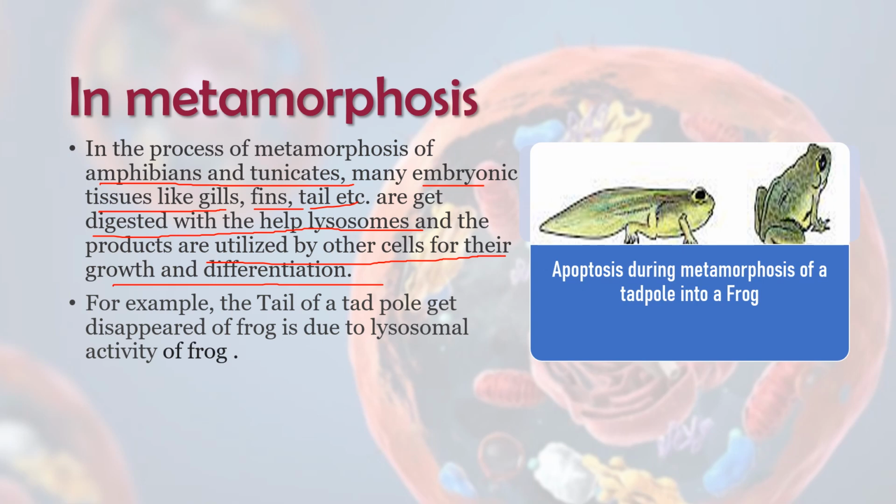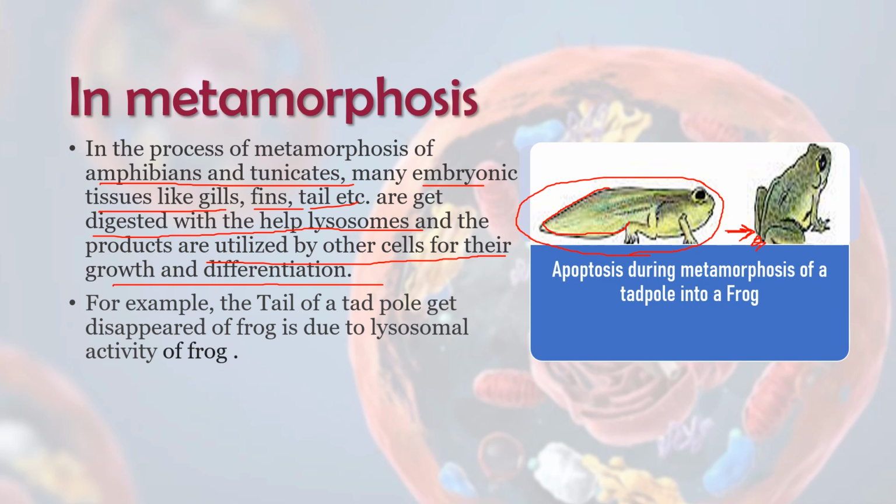In this example we are taking how metamorphosis occurs from a tadpole to a frog. In this picture you can see a tadpole having a tail, and in the adult form the frog does not have any tail.